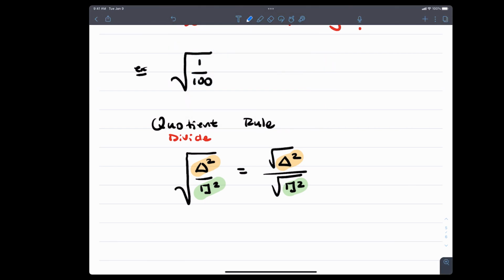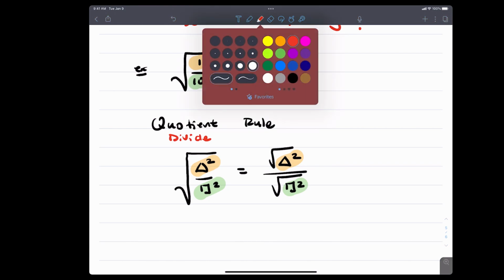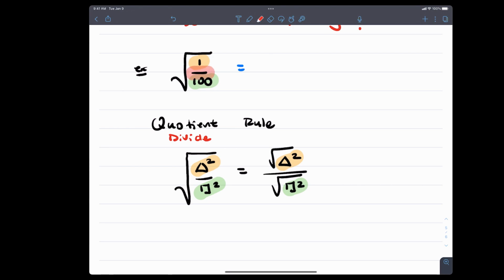So you're going to end up with, notice this, is 1 a perfect square? So isn't it important to know that? Is 100 a perfect square? Is that important to know? Okay. And what does this line mean? Divide. You guys see what I'm saying? This is the quotient rule.